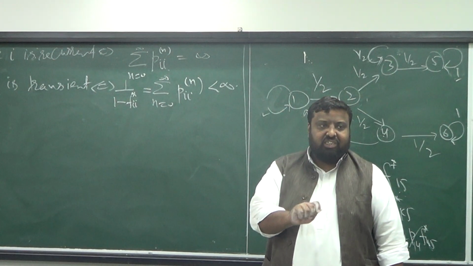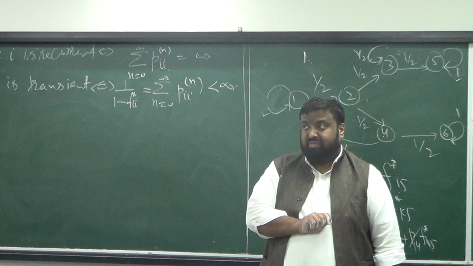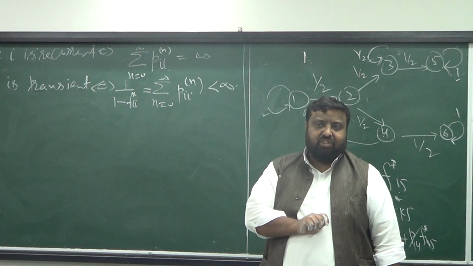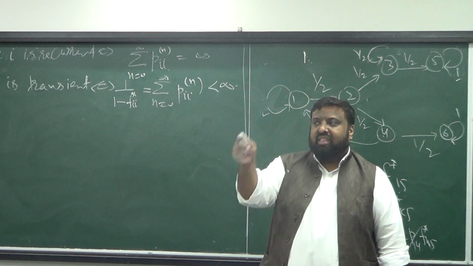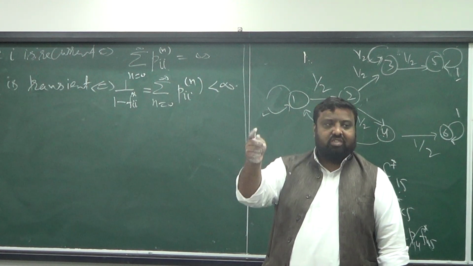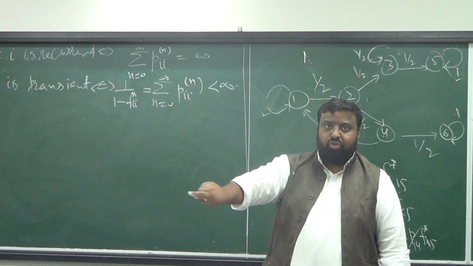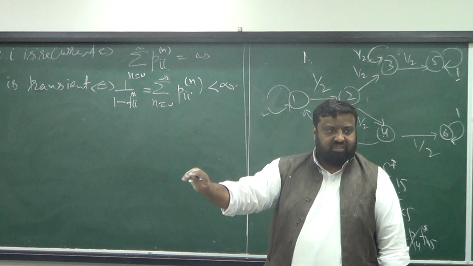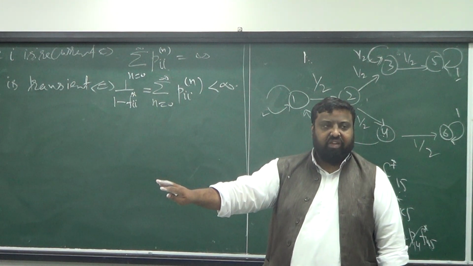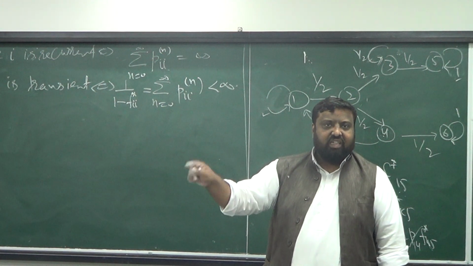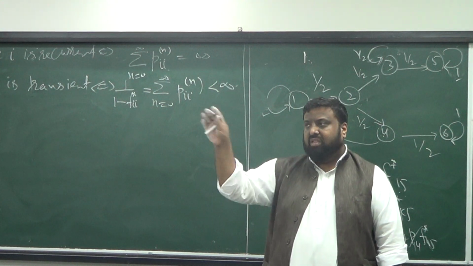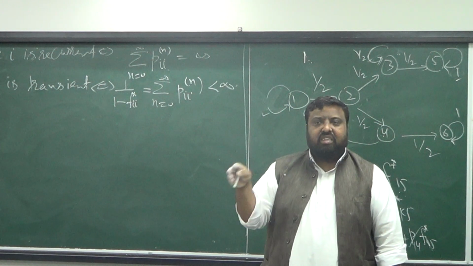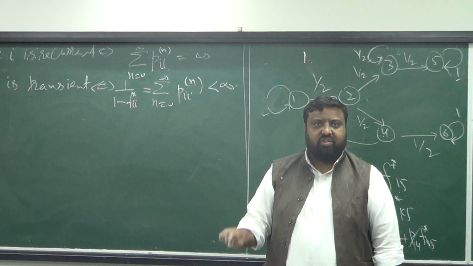A necessary condition for the convergence of a series is that the sequence from which the series is made should go to zero. So if the series of a_n is convergent, then a_n goes to zero. This is the so-called divergence test. And if a_n is not going to zero, the series would diverge.